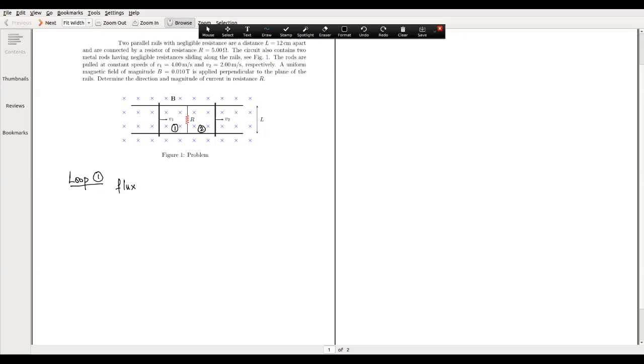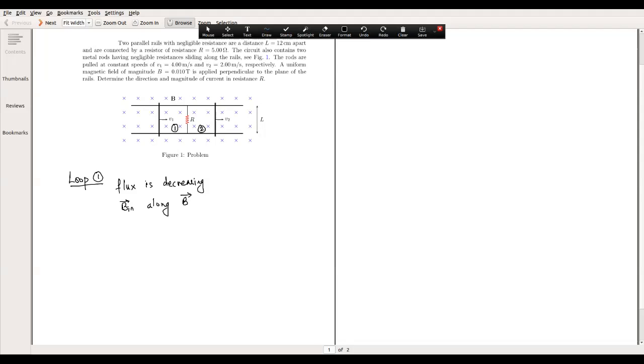Flux area is decreasing, so flux is decreasing. So the induced magnetic field B induced will be along the direction of B. It tries to increase it by creating more magnetic field in the same direction. And that leads to a current. So B induced in the direction of B means going into the board.